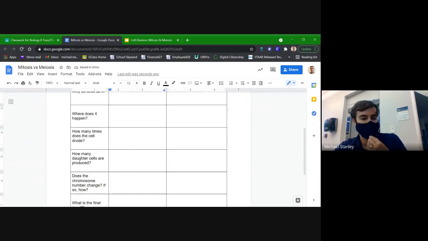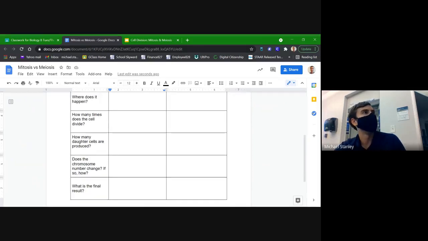I'll go ahead and tell you guys now, since you guys are here in the class with me, that this answer will essentially be kind of a combination of these two answers. So I want to know, when all is said and done, when you've gone through one round of mitosis or one round of meiosis, what do you end up with?